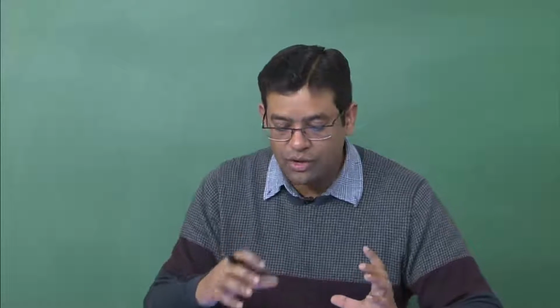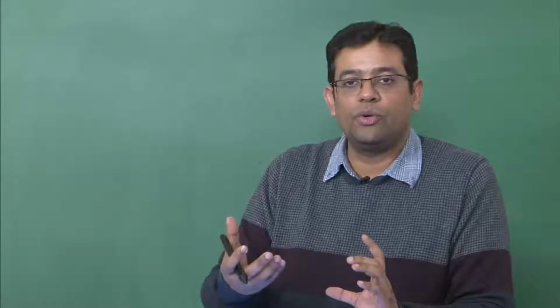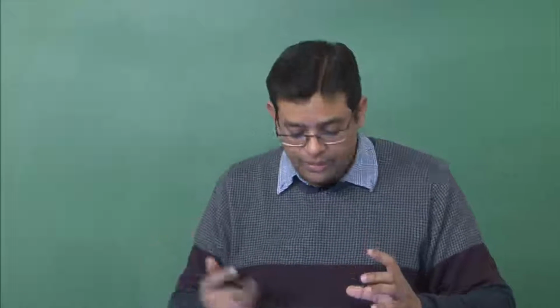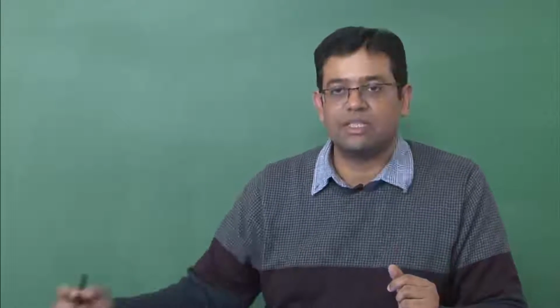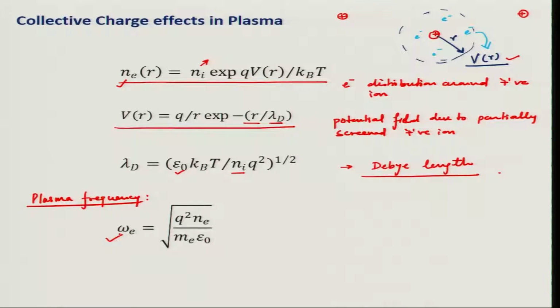How quickly it will respond to it and come to a new equilibrium is given by this plasma frequency, where Ne is the number density of electrons and Me is the mass of the electron, q is the charge and epsilon 0 is the permittivity.